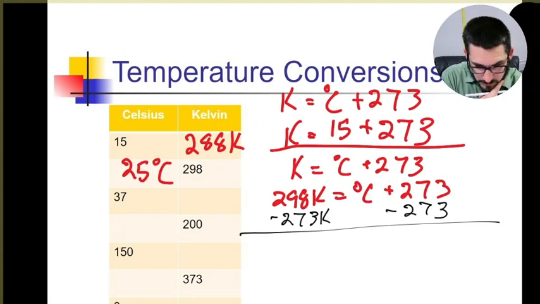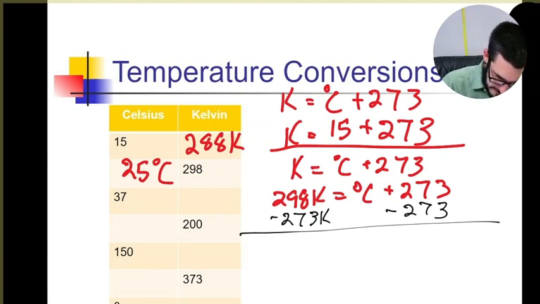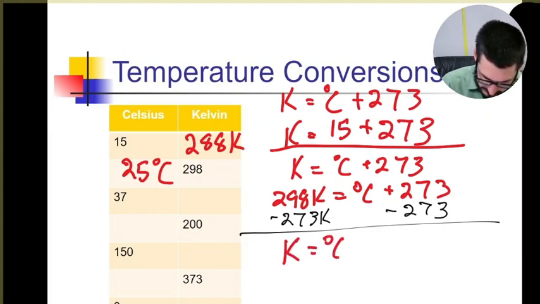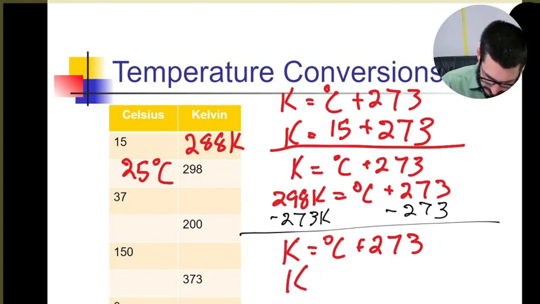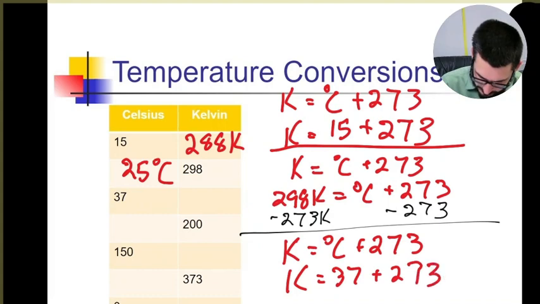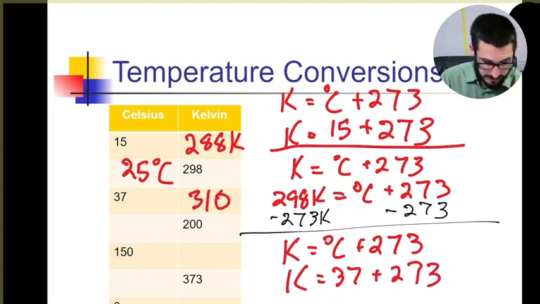Then 37 degrees Celsius. If we've got 37 degrees Celsius, we're going to plug into my formula here. That's going to go Kelvin equals 37 plus 273, which gives me 310. One more, and then I'm going to give you guys 3 to work on.